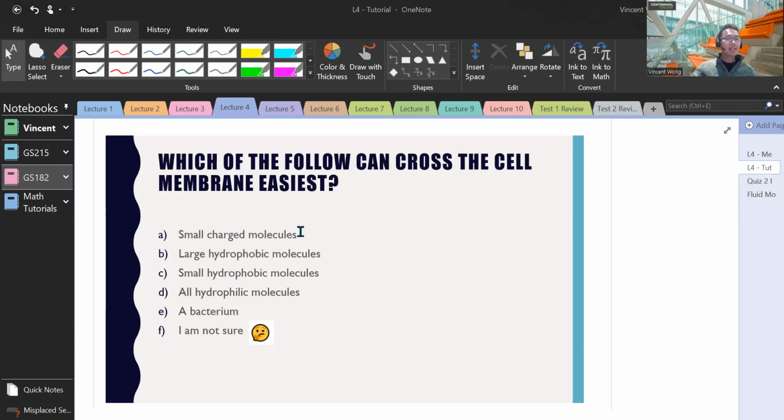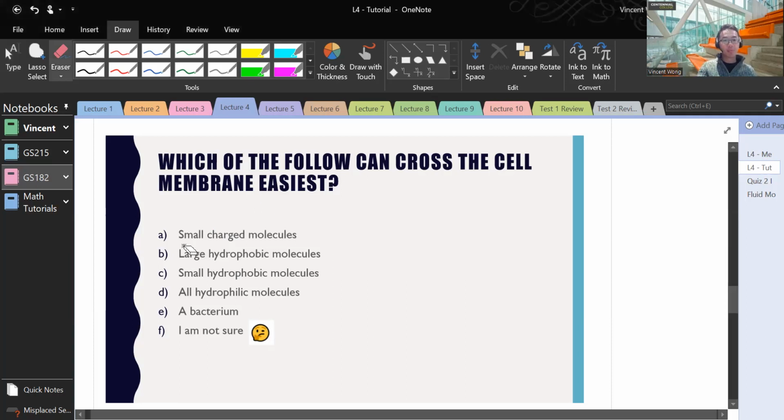Okay, so the easiest one to cross would be something that's small. So anytime you see large, we can just ignore them. And if it's hydrophilic, it's not going to be able to cross easily. Hydrophilic or charged particles will not cross the membrane easily because remember the center of the membrane is hydrophobic, right?